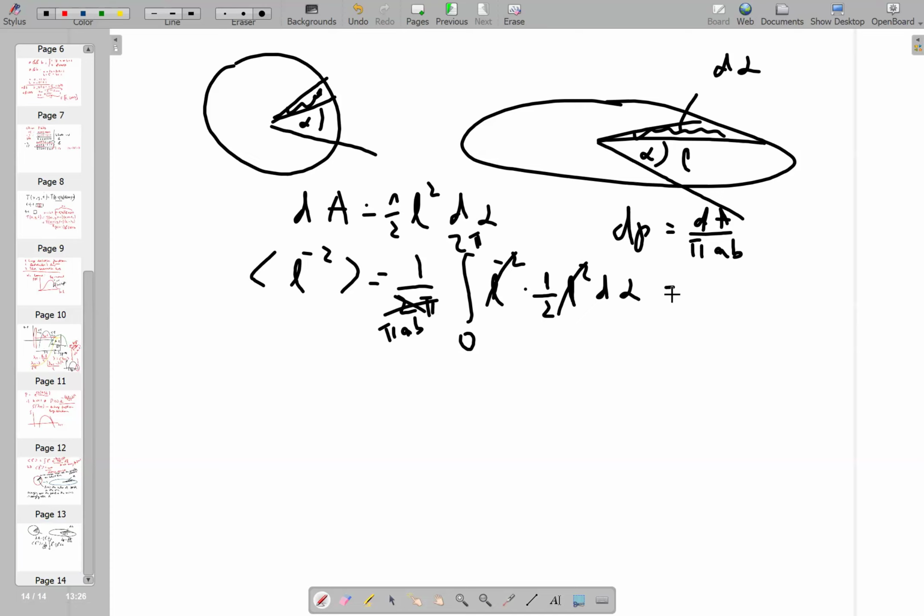The integral is pi divided by pi AB. Well, pi AB is the total area. The total area is actually the initial area as well because the flow is incompressible. So we have AB here. You can see that L to the power -2 is conserved: the average of the minus second power of the length.